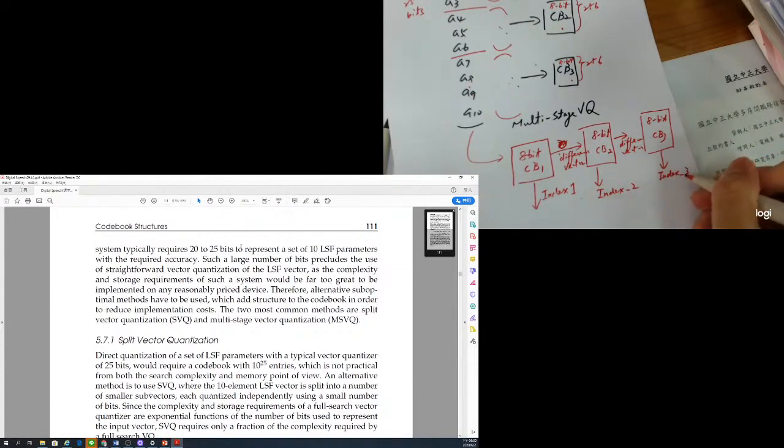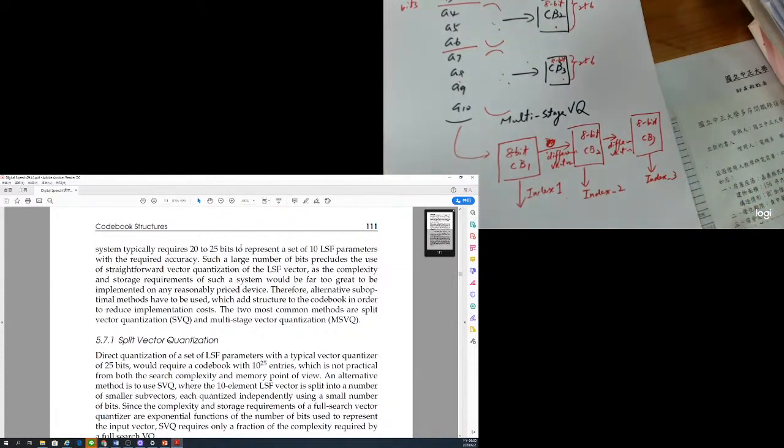This is multi-stage vector quantization. It is multi-stage because we are using 24 bits. First we quantize around your mean. Then the next one quantizes your deviation, and this one quantizes your second order deviation.